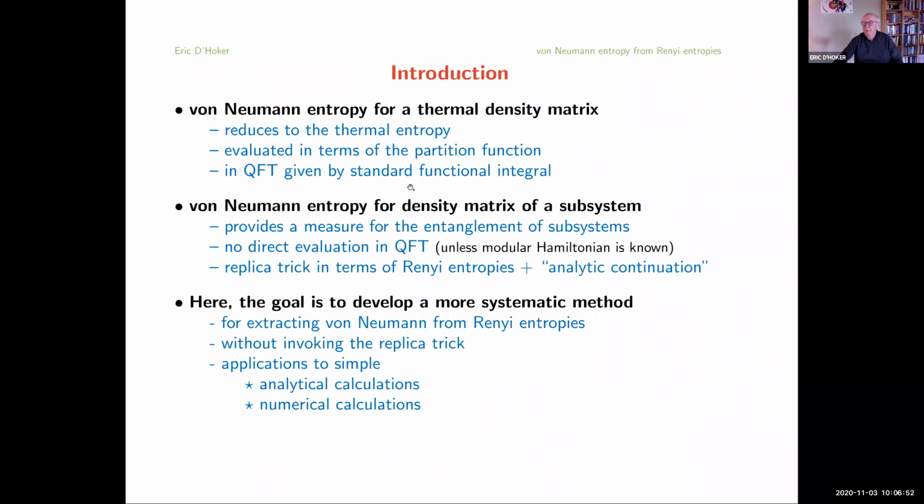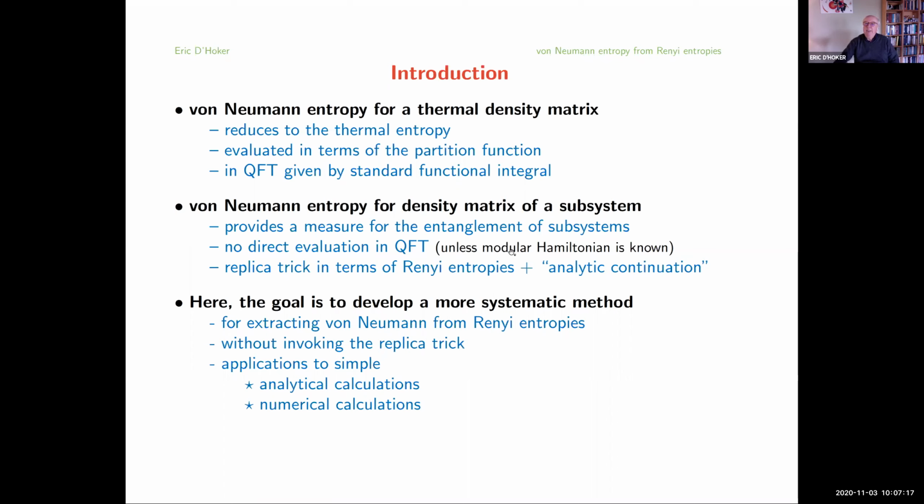And the von Neumann entropy provides a measure for the entanglement of the subsystems with their complement in the whole system. But here, contrary to the case of the thermal density matrix, it is not generally known how to evaluate the von Neumann entropy in a quantum field theory.